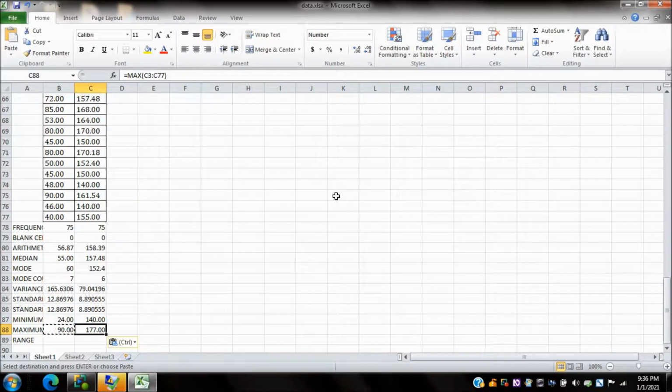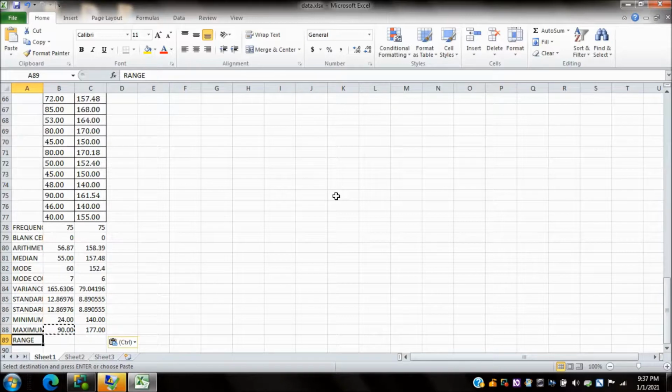I can use the minus operation, the subtraction operation, or use the combination of functions, meaning I'll input equals MAX cell range minus MIN cell range. In this case, equals MAX B3 colon B77 minus MIN B3 colon B77.